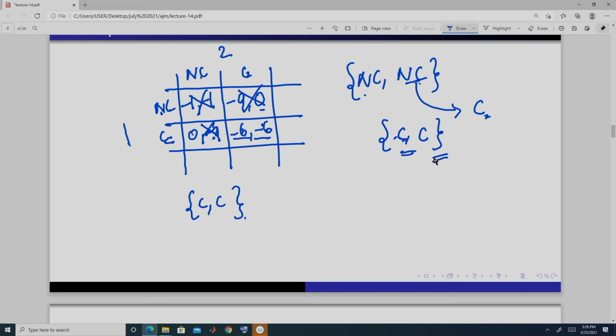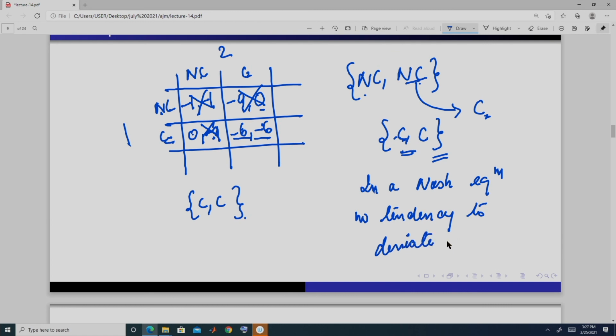So here we see that in a Nash equilibrium, none of the players has any tendency to deviate from it. That is another criterion to check whether an outcome is a Nash equilibrium or not.